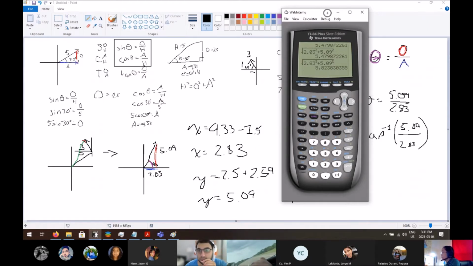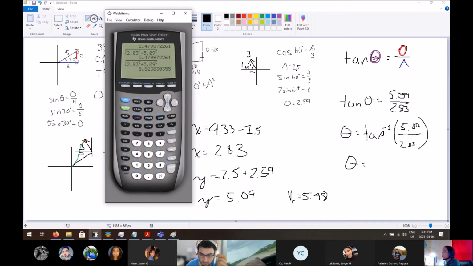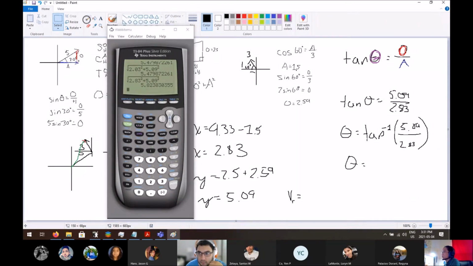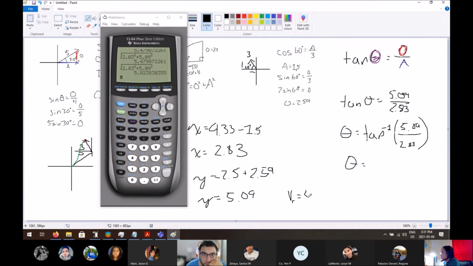2.83, so 5.82. So that's the hypotenuse value, 5.82.